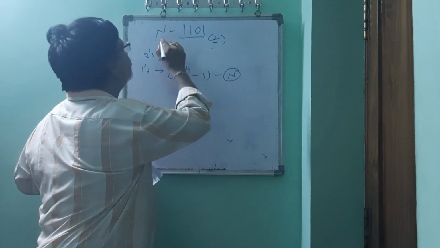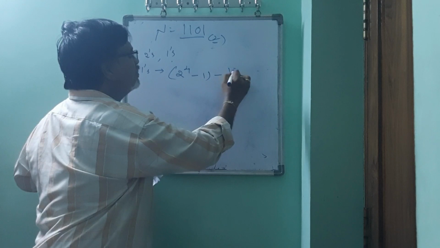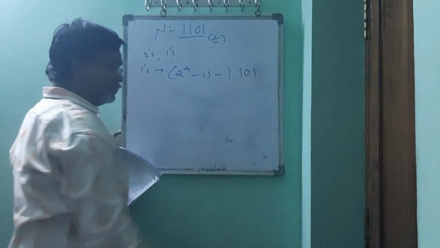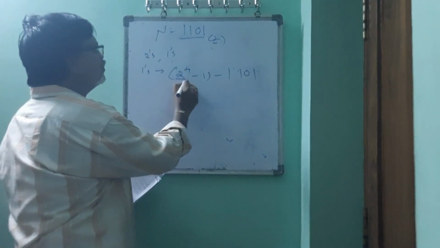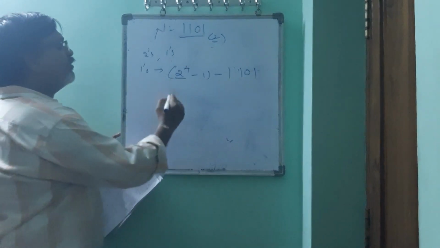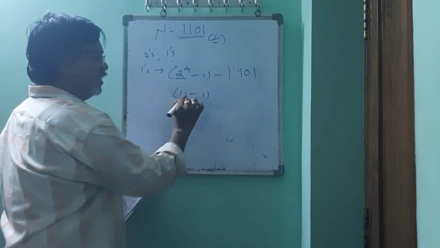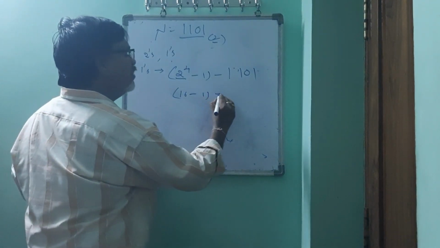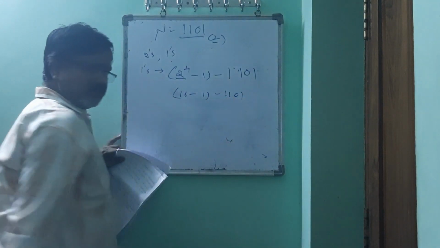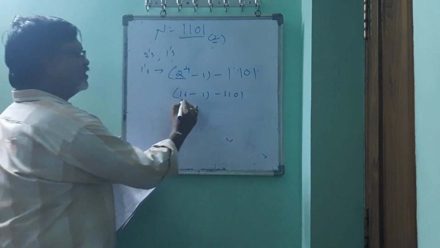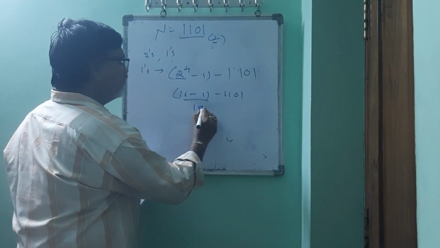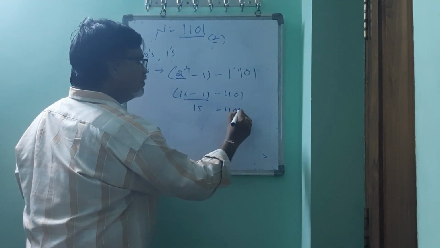Here N is 1101. So here what is 2 power 4? 2 power 4 is 16. 16 minus 1 minus 1101. So 16 minus 1 is 15, minus 1101.